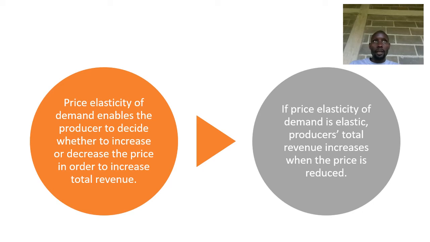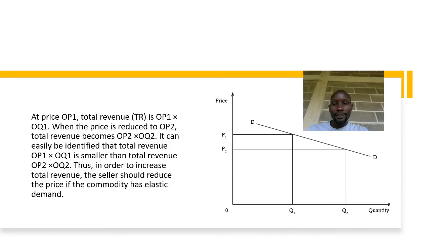So if a producer wants to make more money or generate more revenue, he has to reduce the price of the commodity so as to attract more people to buy the product. Let's see how this is illustrated. In our illustration, at price OP1, total revenue is OP1 times OQ1.